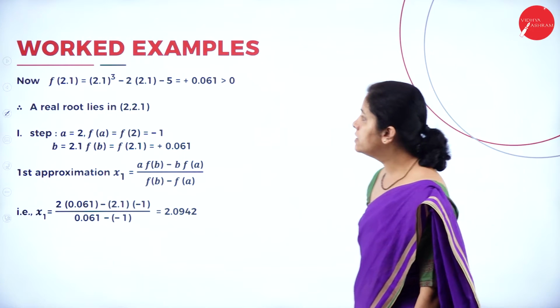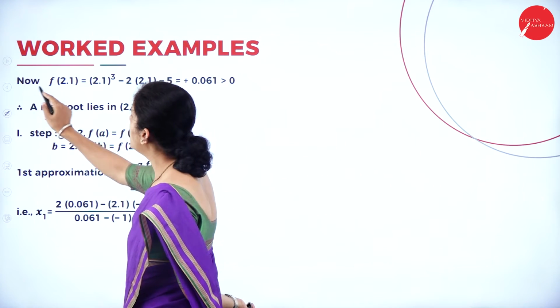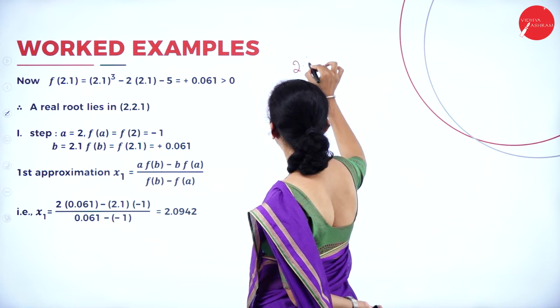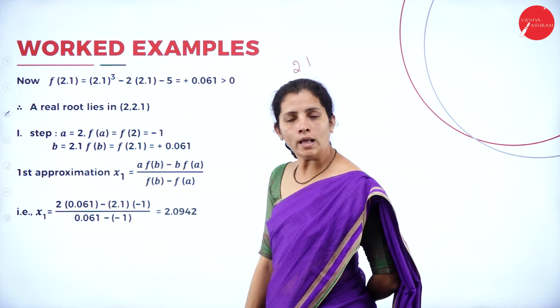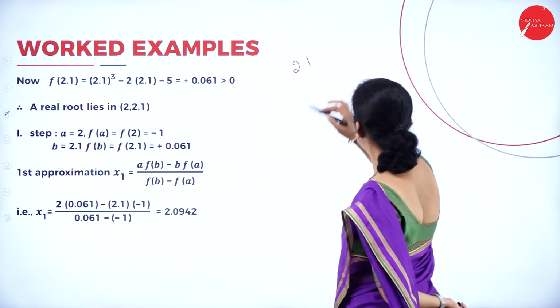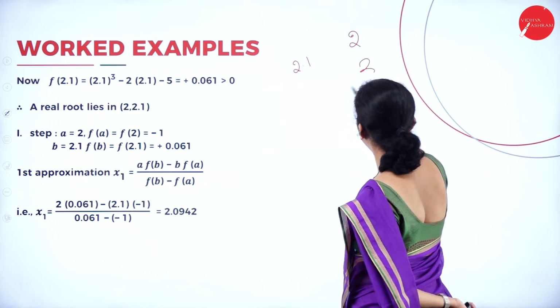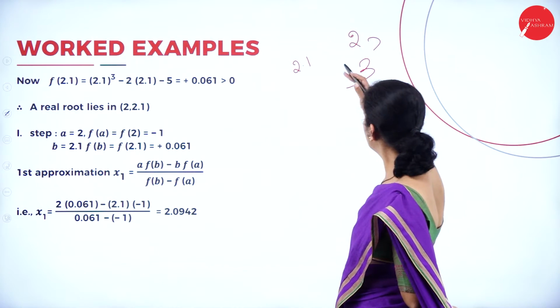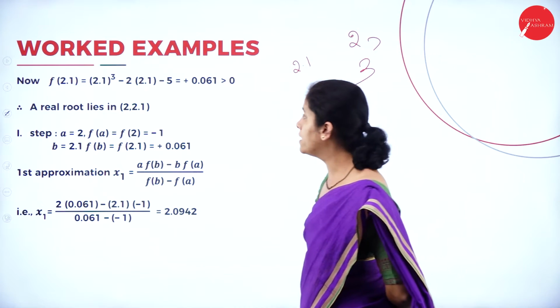For the first time I'm going to take 2.1. Once again I'm going to start with the trial and error method because I know the root lies between 2 and 3, but I don't know exactly where.